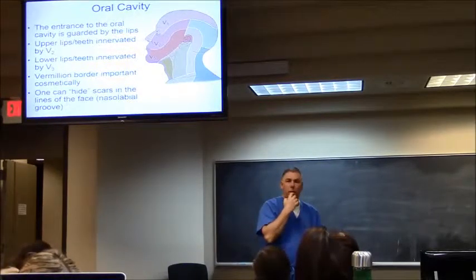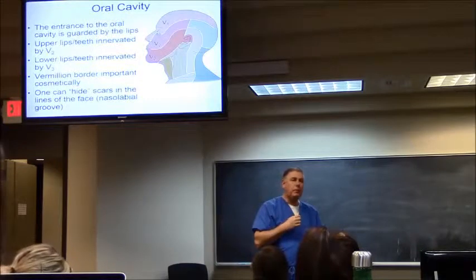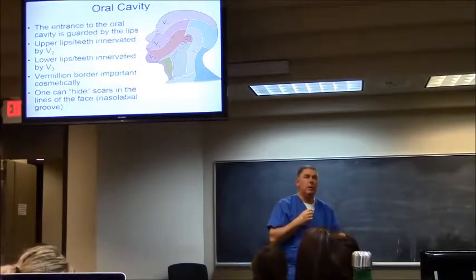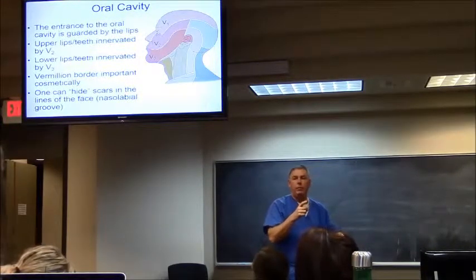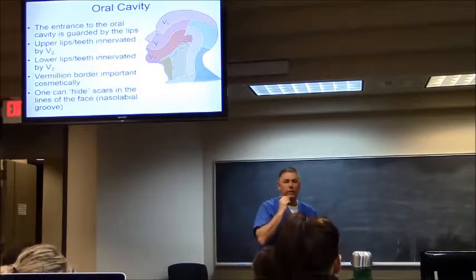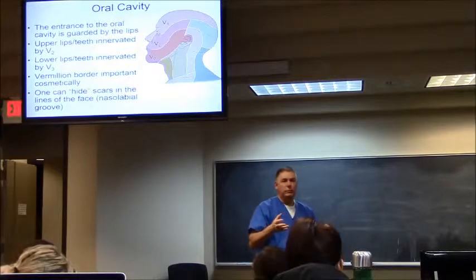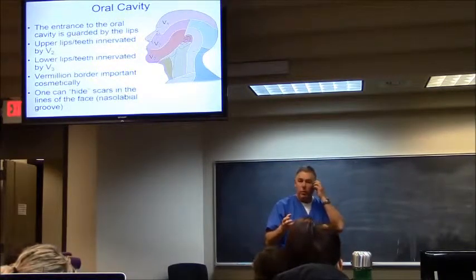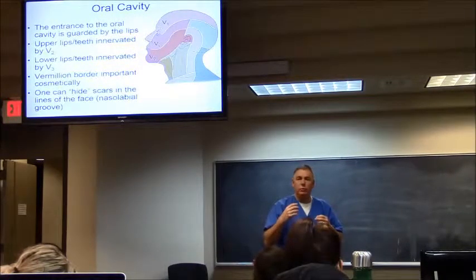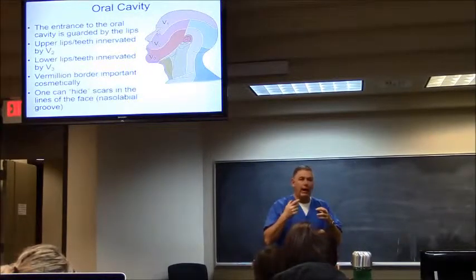The vermilion border we've talked about, that's where you suture first. And then the other thing is that when you're trying to remove a lesion on the face, Langer's lines come into play, but you also want to use the natural creases in the face to hide scars.